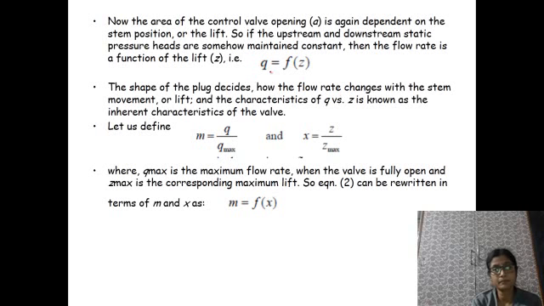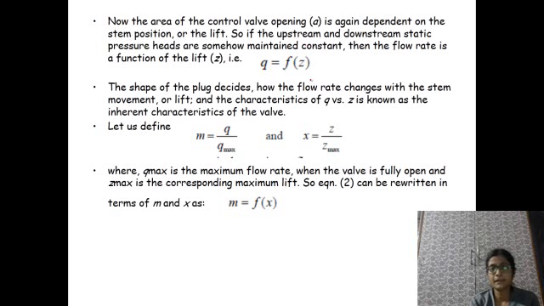That means the upstream and downstream static pressure heads are maintained at constant pressure, so the H1 H2 difference is constant. So the flow rate is a function of stem movement, that is stem position. So Q is proportional to F(Z).